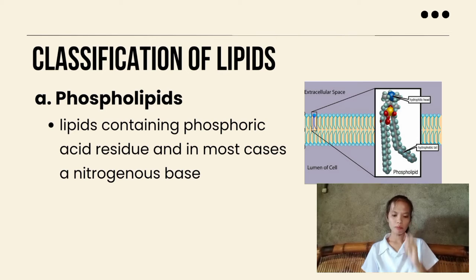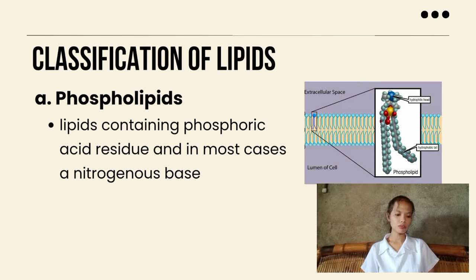First one was the phospholipids. In the picture shown, there is a hydrophilic head and hydrophobic tail within the phospholipid. This phospholipid contains a phosphoric acid residue and in most cases nitrogenous bases.